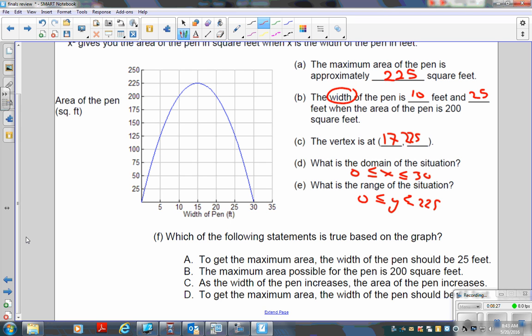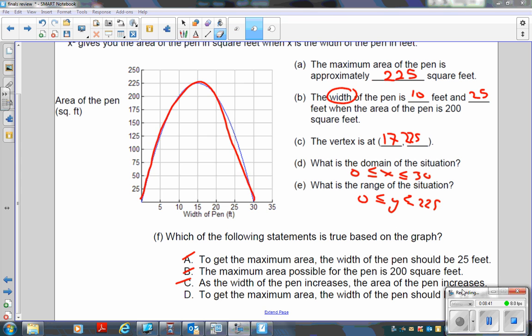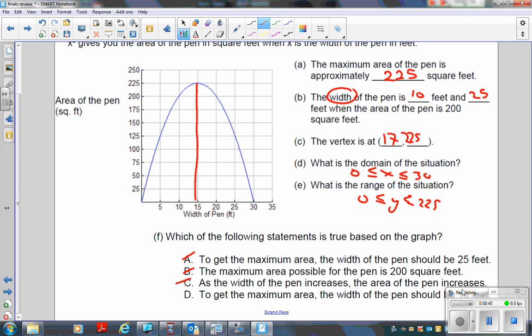As the width increases, the area increases. For this case, it's true. I'm increasing both ways. But after I get halfway, I start decreasing. This is incorrect. To get the maximum area, the width should be 15 feet. Let's see. Oh, that is correct. 15 feet.